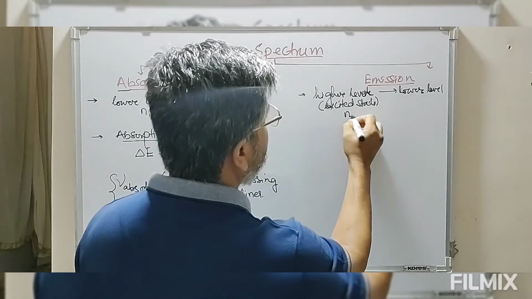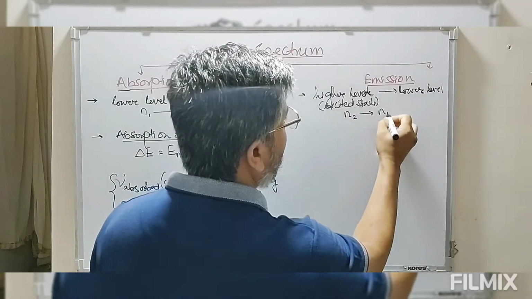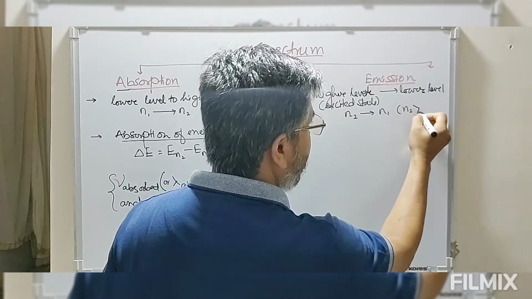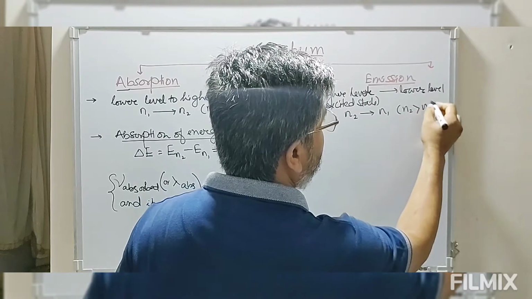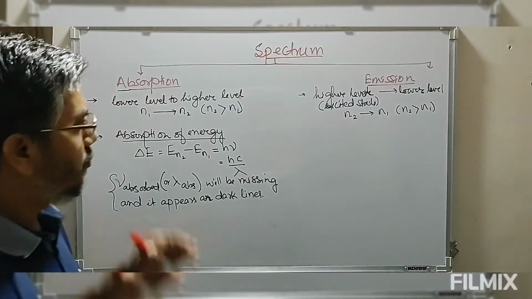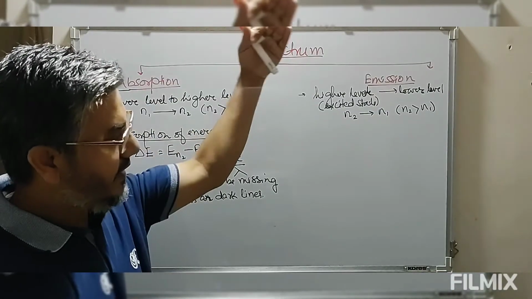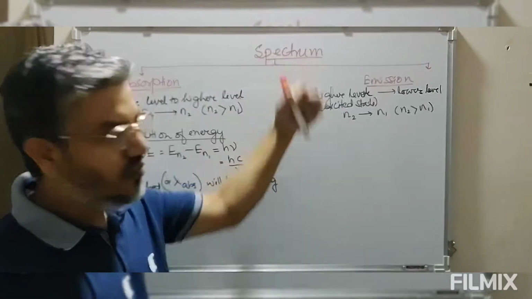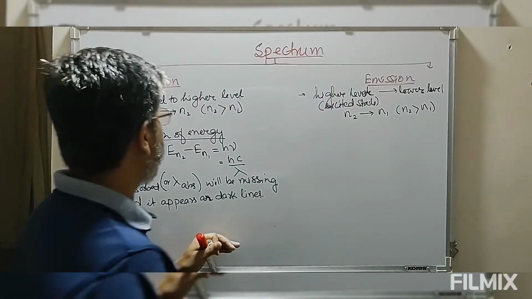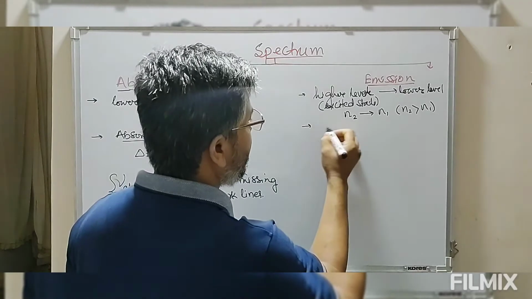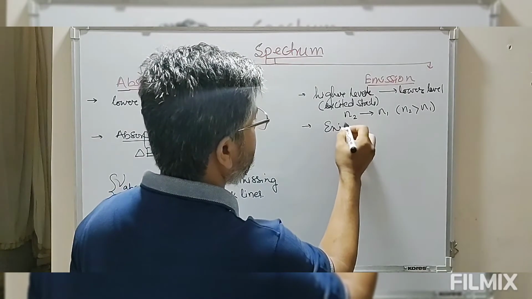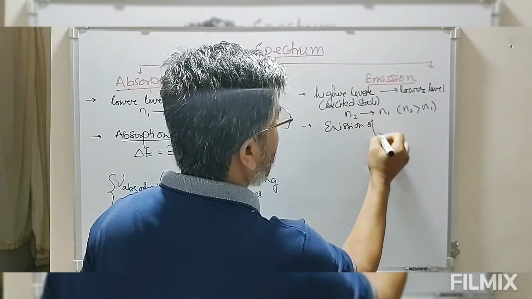So we say, look at this, the electron is coming from N2 to N1. N2 is the higher level, which is known as the excited state. Now the electron is coming from the higher orbit, or the higher level, to the lower level. So during this process, energy is emitted. Emission of energy.